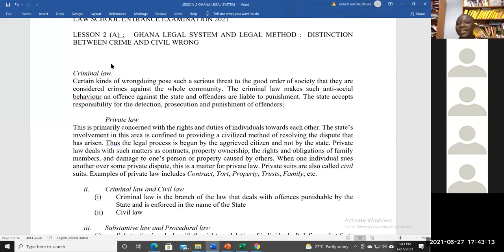Legal tradition is the bigger one, and the legal system is a subset of a particular legal tradition. Legal tradition basically refers to how society has developed ideas and beliefs and practices regarding the making of law and the application of law in society.